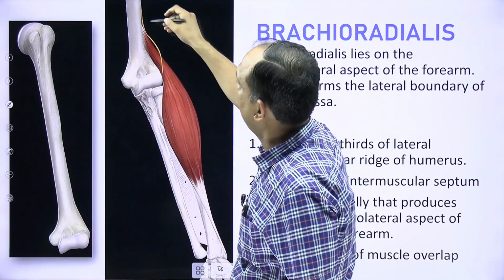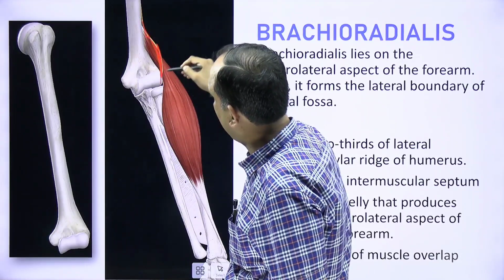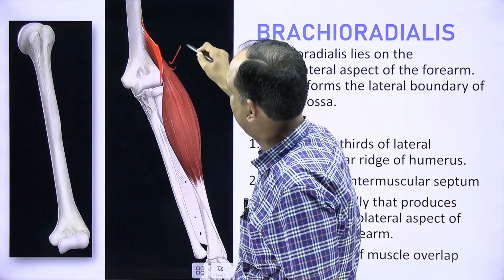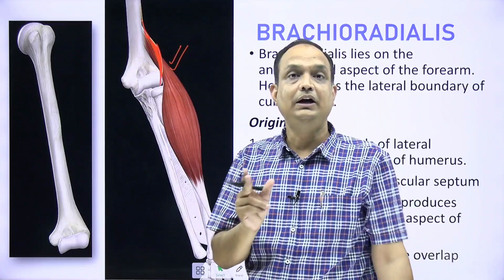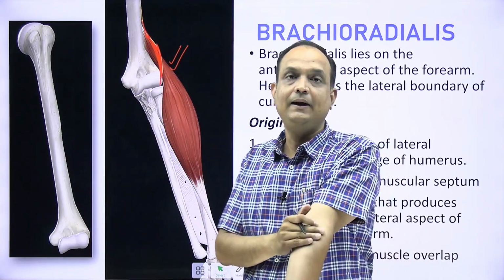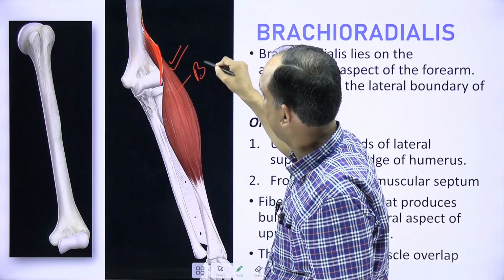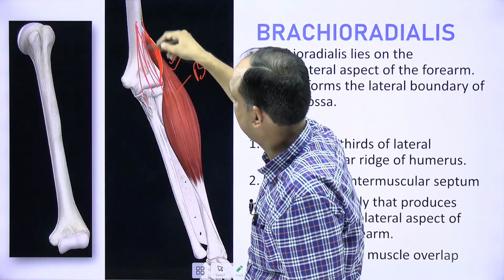Once the radial nerve comes out on the lateral side, it passes below, so the upper part of the radial nerve is covered by the brachioradialis. If you want to see the nerve in this area, you have to split two muscles: the brachioradialis, and the brachialis, which has its origin from this surface.